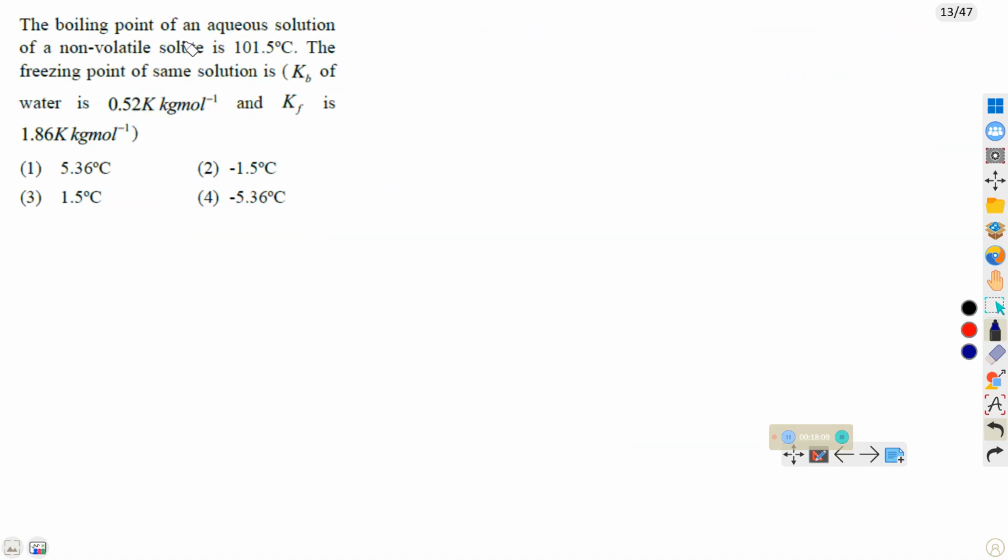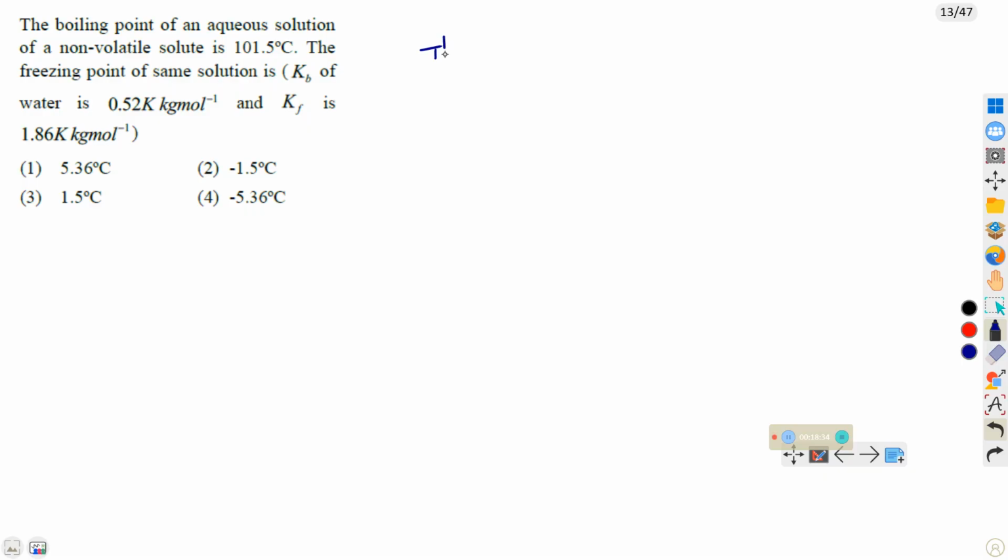The boiling point of an aqueous solution of a non-volatile solute is 101.5 degrees Celsius. The freezing point of the same solution? Kb of water is given as 0.52 kg mol inverse and Kf is 1.86 kg mol inverse.